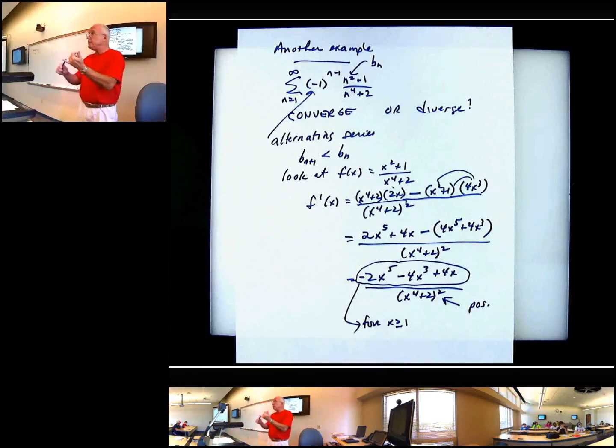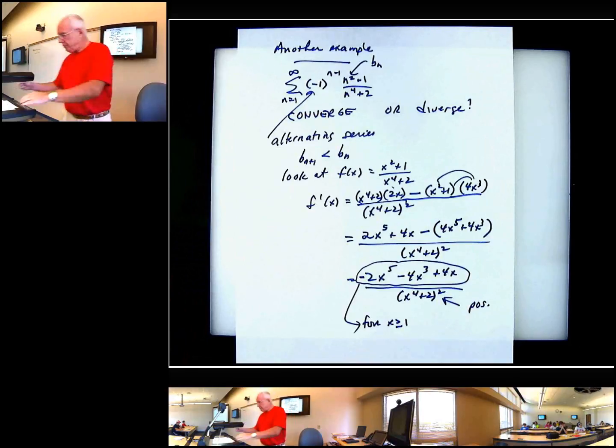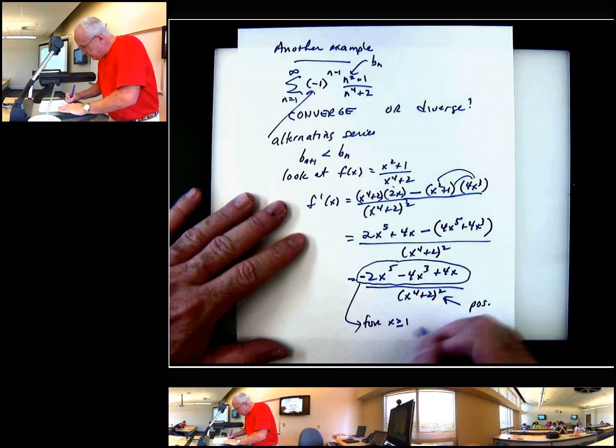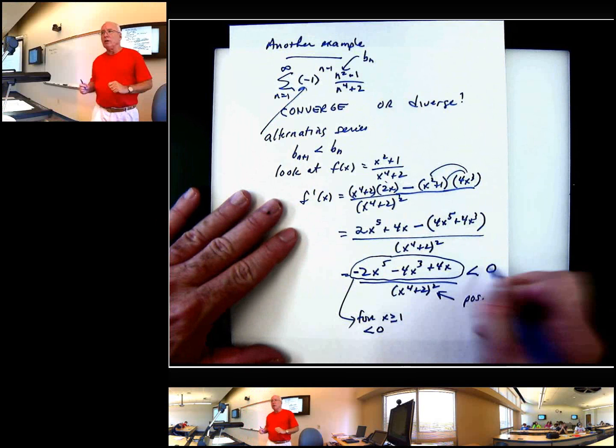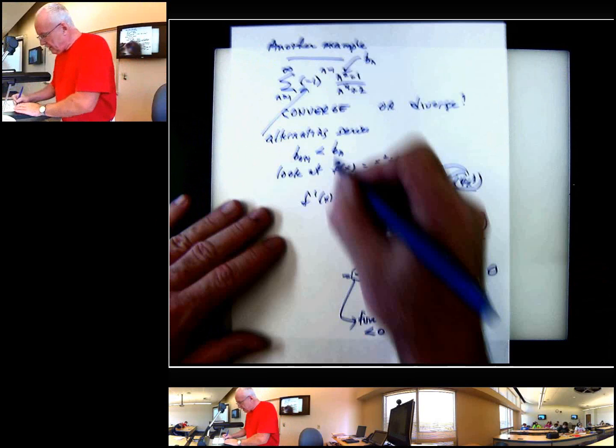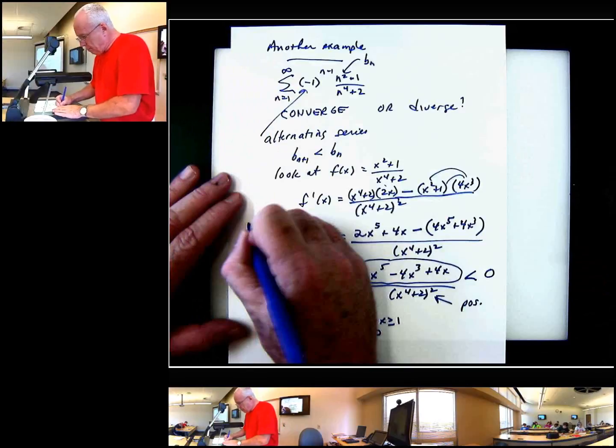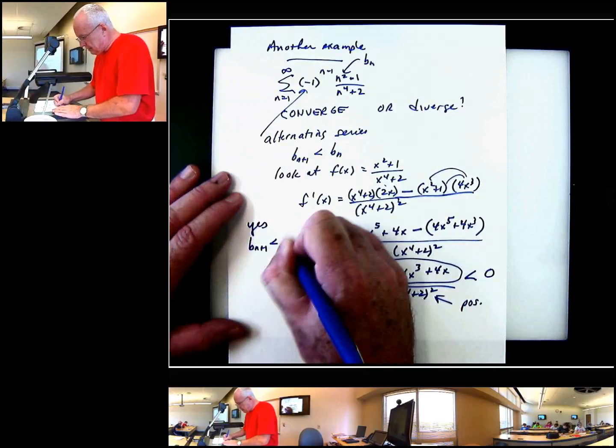Because we're minusing x to the 5th, we're minusing x to the 3rd. Those are going to be big numbers, and all we're adding on is 4 times x. Does it make sense that that's going to be negative? Okay. So it's going to be less than 0. So we've shown, yes, b_(n+1) is less than b_n.